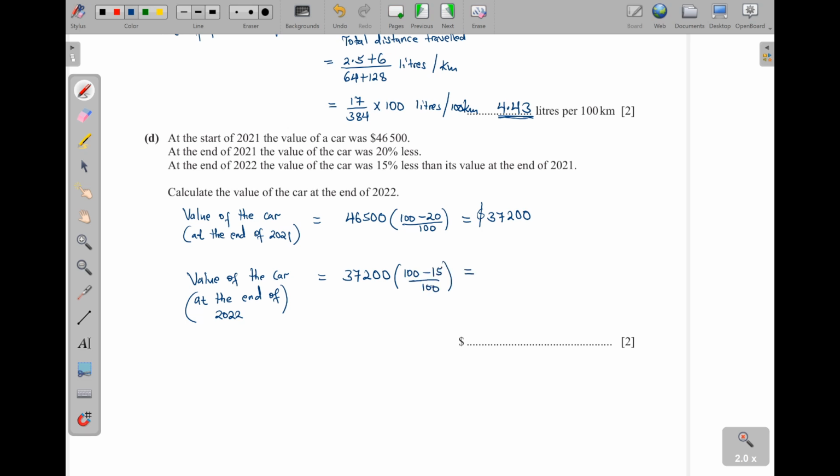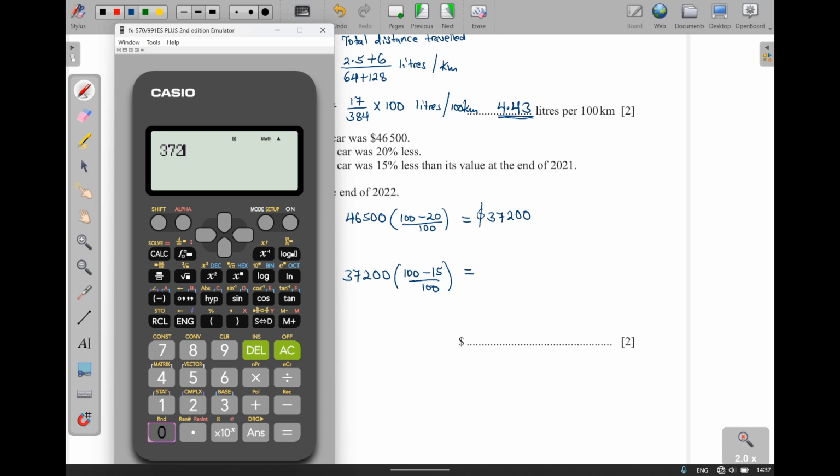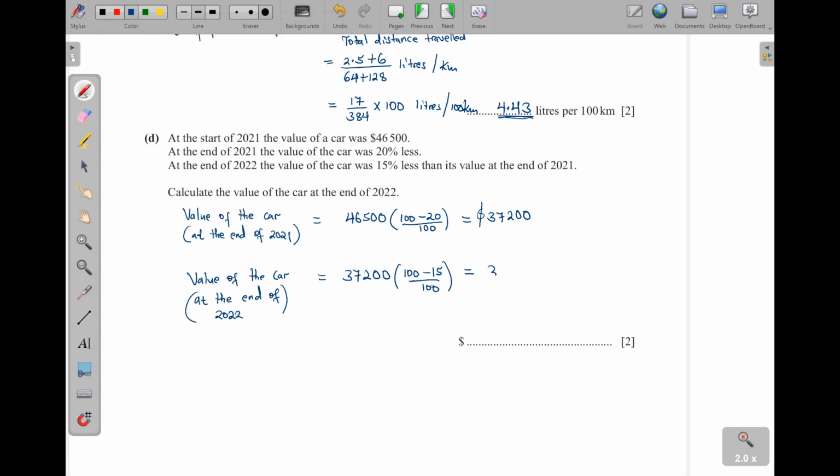Then what do we get here? 37200 times 100 minus the 15 out of the 100, and this will be 31620. So 31620, and this is the answer they want. So we just shift and put it here, 31620.